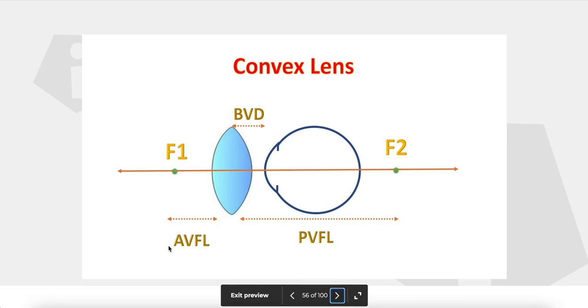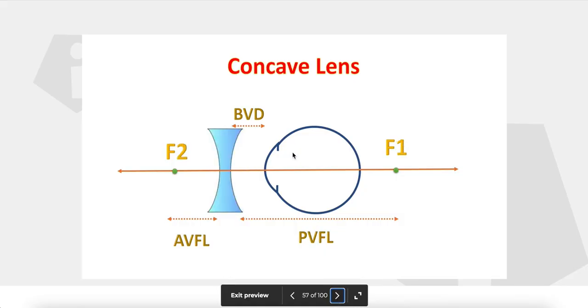Here you can see the anterior vertex focal length is the distance between F1 and the anterior lens surface, while the posterior vertex focal length is the distance between the posterior surface and F2. On the other hand, for the concave lens, the anterior vertex focal length is the distance between F2 and the anterior surface, while the posterior vertex focal length is the distance between F1 and the posterior surface.